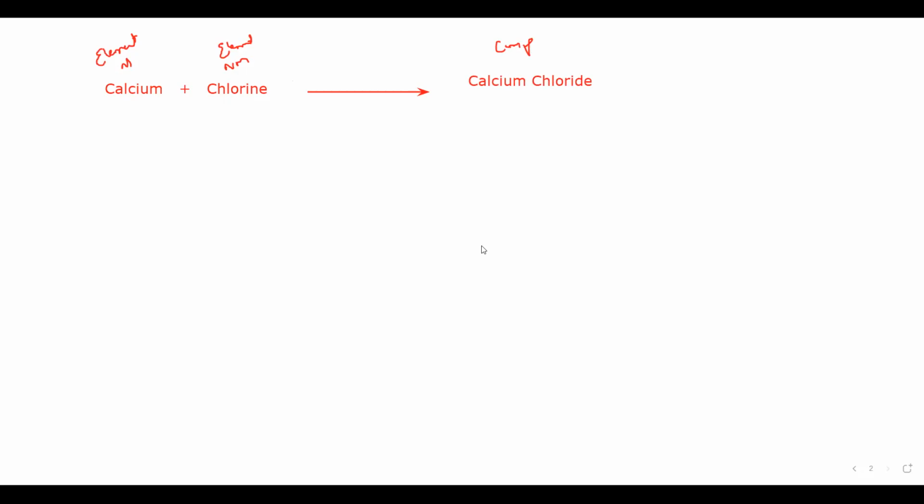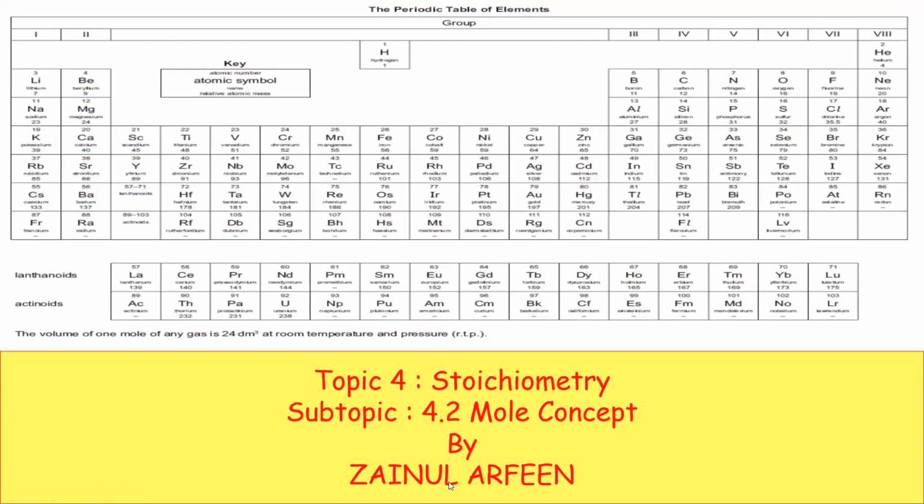So calcium is a metal. As calcium is a metal, how will it exist, as an atom or a molecule? Calcium will be an atom. And chlorine, because it is a non-metal, how will it exist?